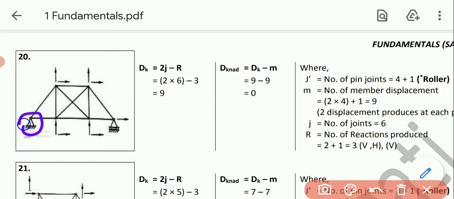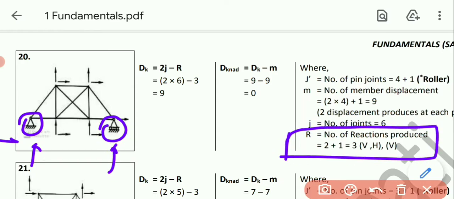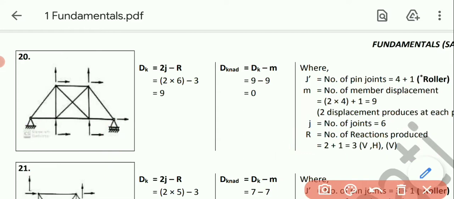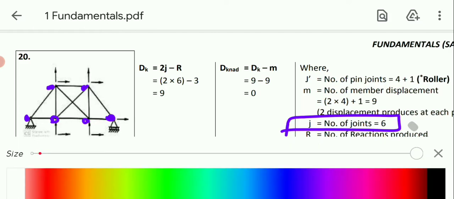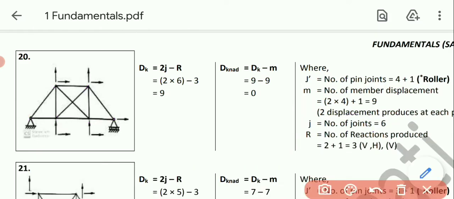Now, roller and hinge support give 2 reactions, roller support 1 reaction, so ultimately R is 2 plus 1, that is 3. Joints 1 2 3 4 5 6, so the total number of joints is 6. Then J dash is 1, 2, 3, 4. These 4 are the pin joints.